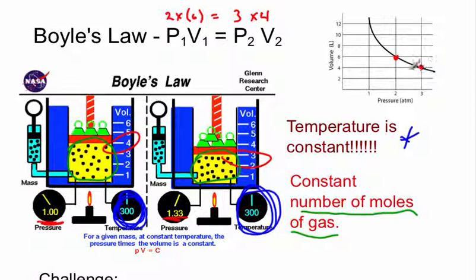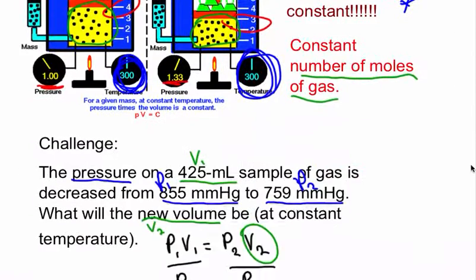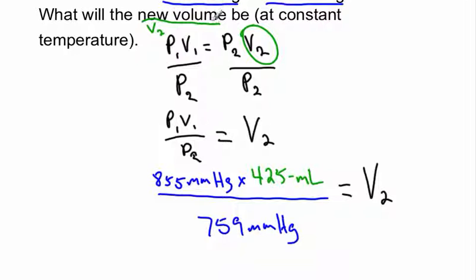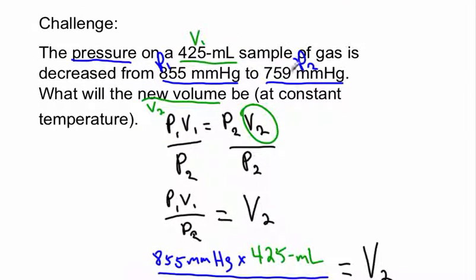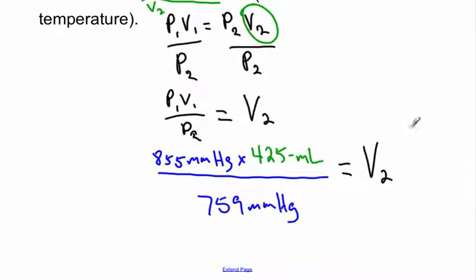So they're inversely related. As pressure decreases, volume will increase. Or we could also say as volume decreases, pressure will increase. So we go down here. Since our pressure is decreasing, 855 to 759, our volume should increase. So hopefully we get something bigger than 425.